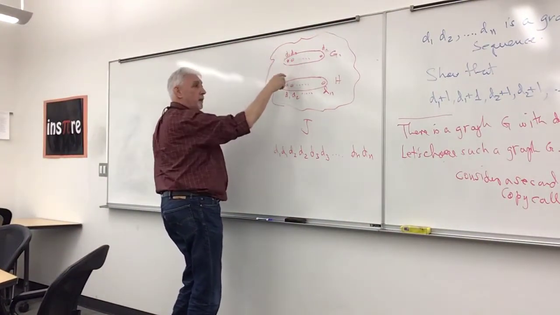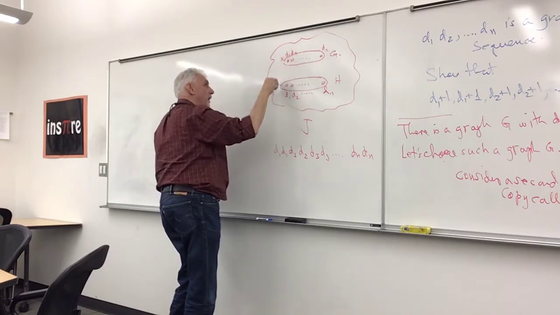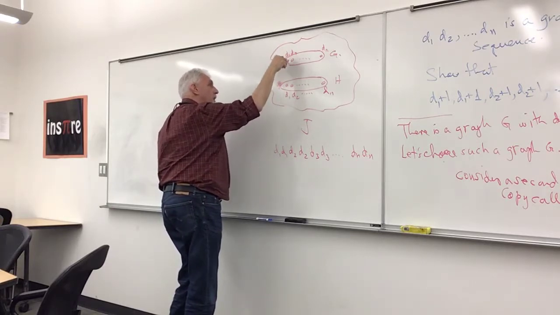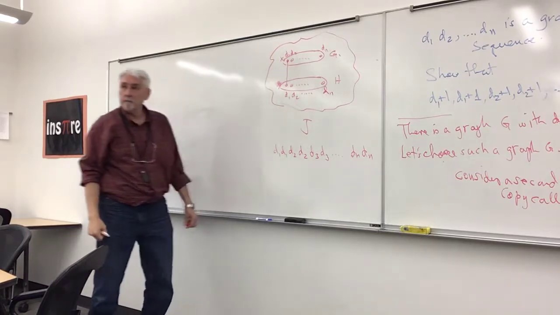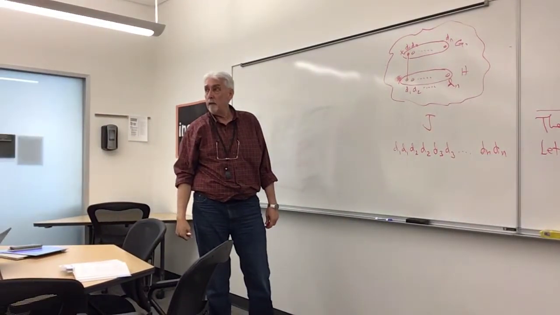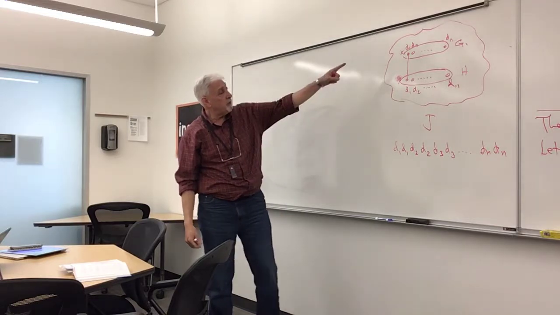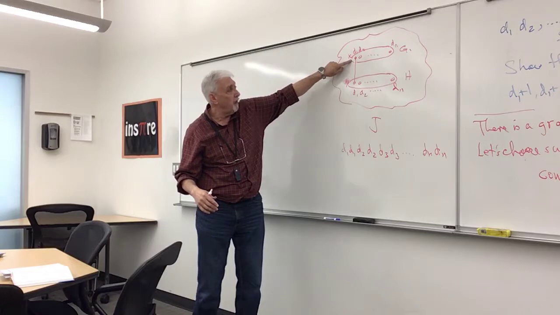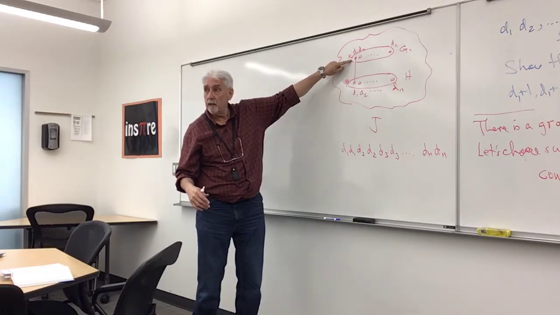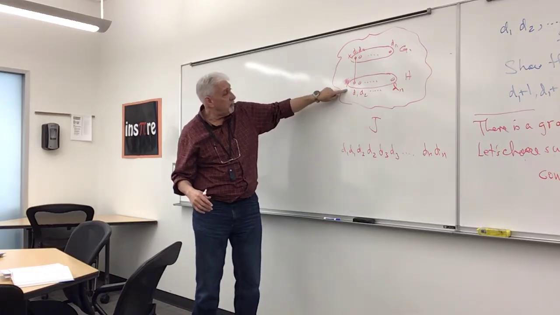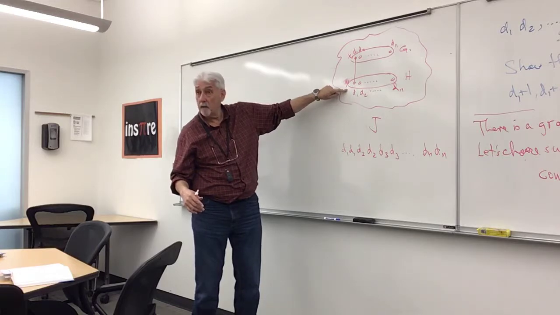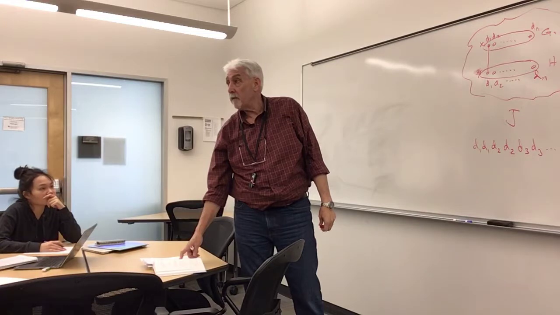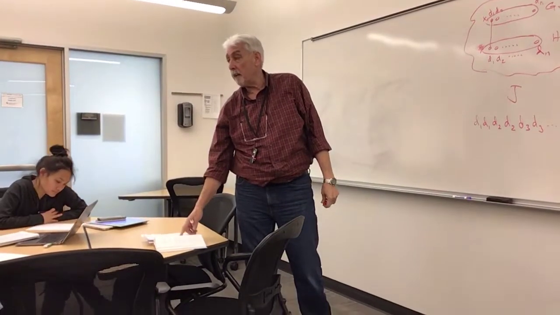These are the x's. This is x1 and this is y1. I want to put an edge between x1 and y1. Now in this graph and this graph, what's the degree of x1? And what's the degree of y1? Then those are the first two degrees that I need. Now what?